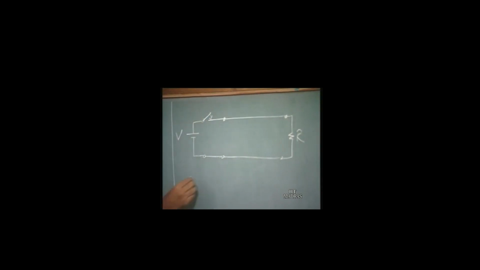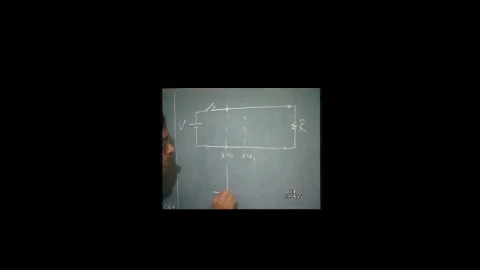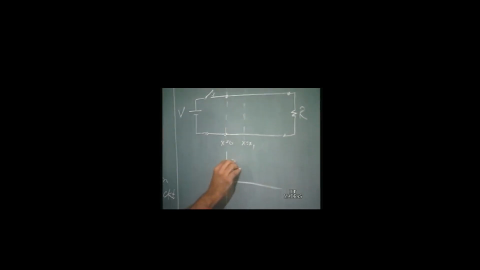Now when the switch is closed, this voltage waveform is not immediately available at the load end. The voltage front will move with a particular velocity. That is, if you call this point x equal to 0, and this point x equal to x1, then at t equal to t1, if you plot the voltage across this line, this is what you see.